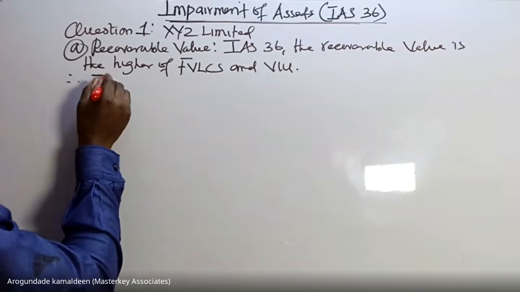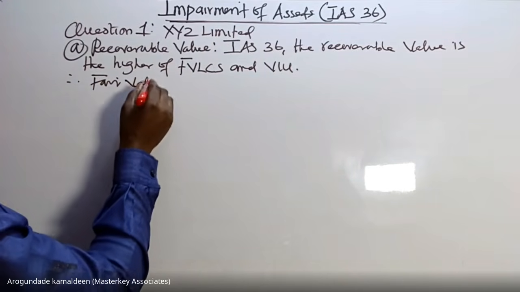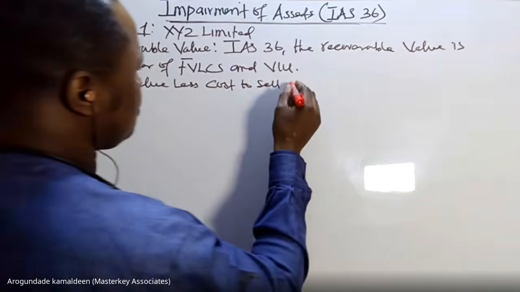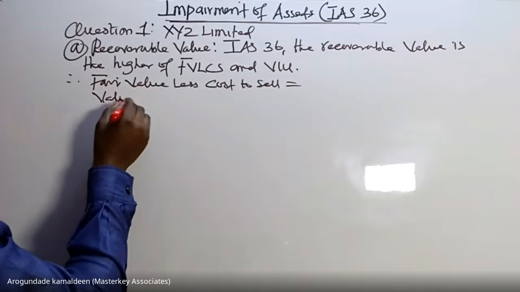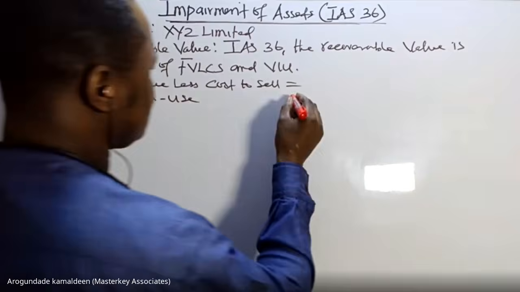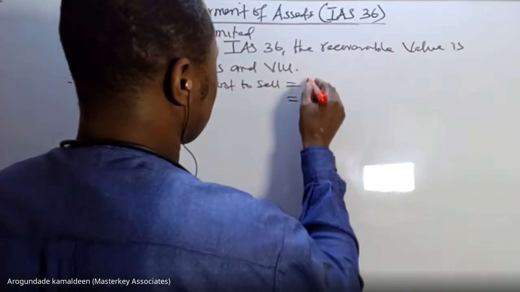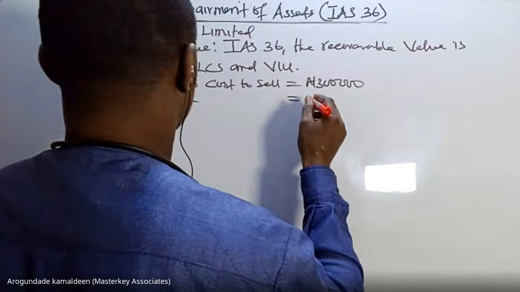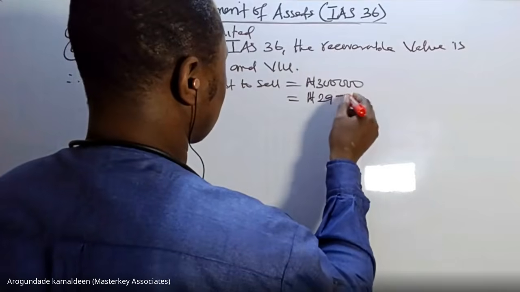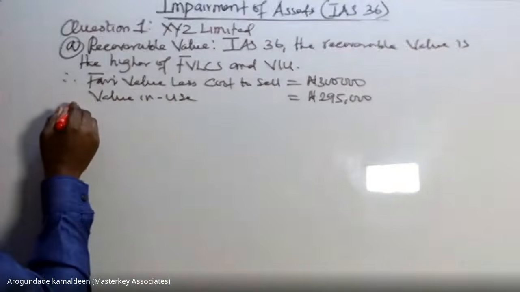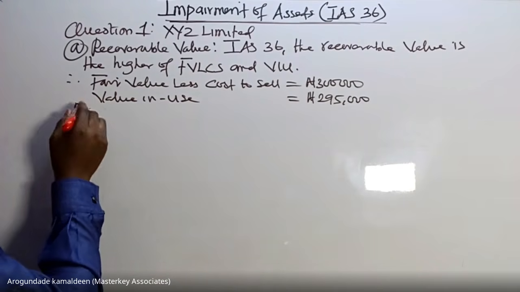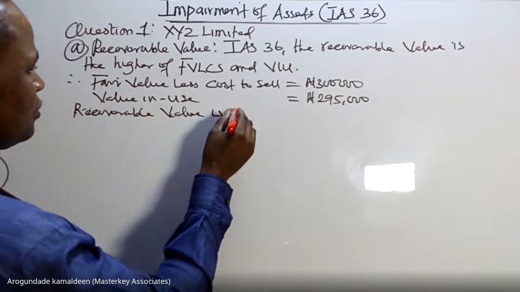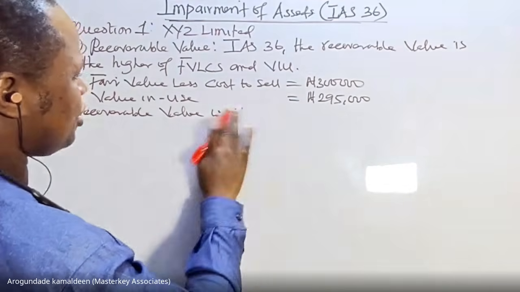Therefore, the fair value less cost to sell, the value in use. Here the recoverable value is the 300.